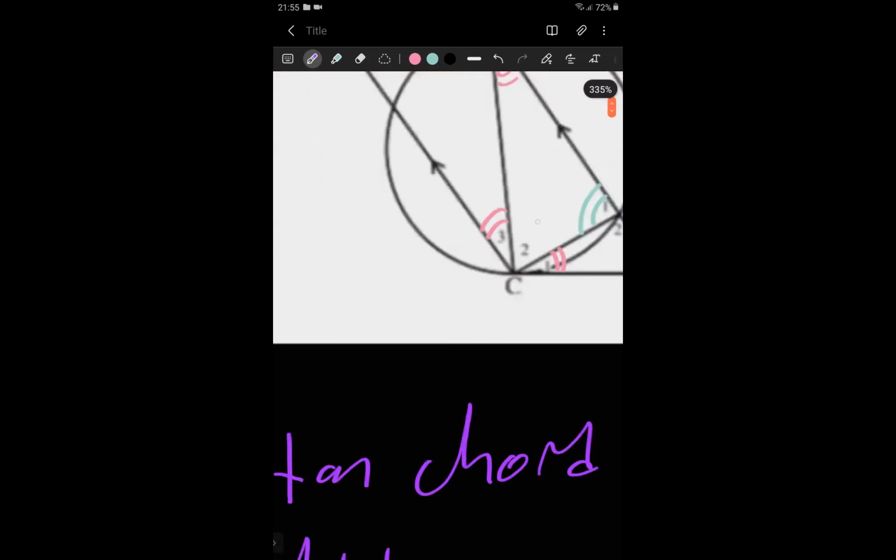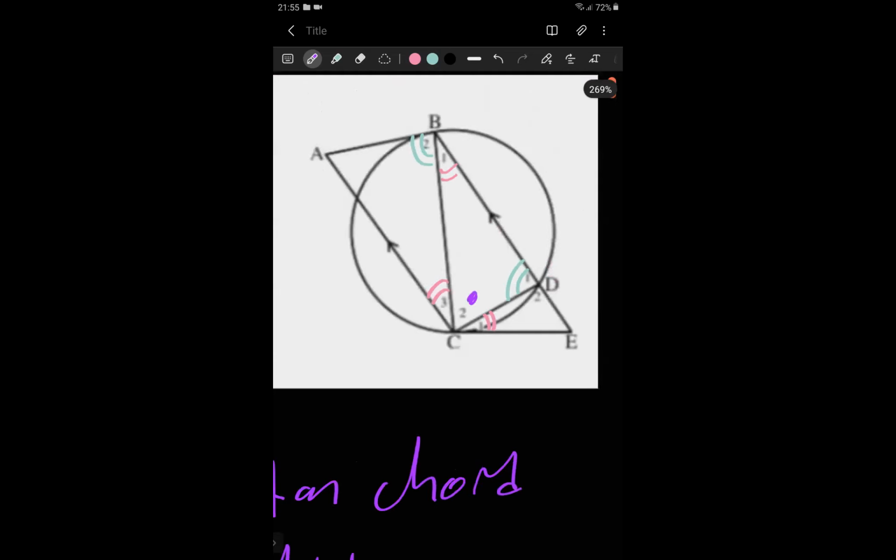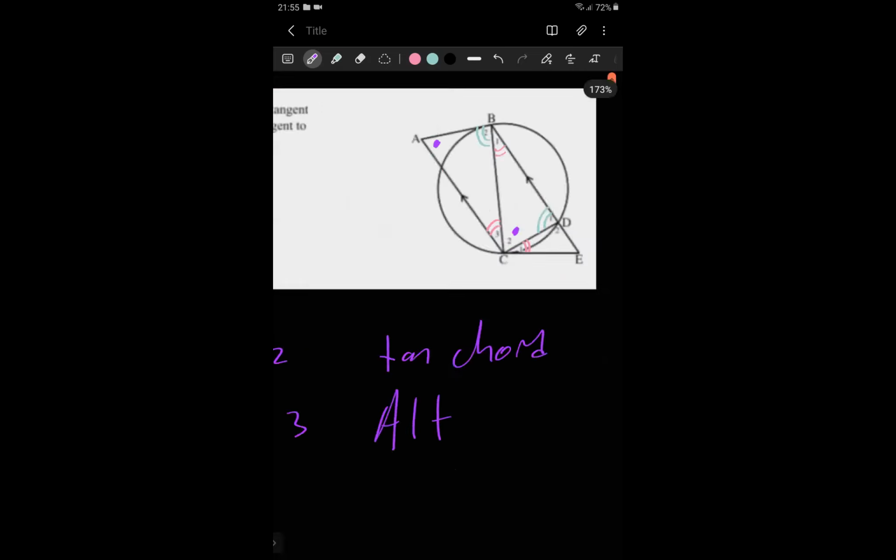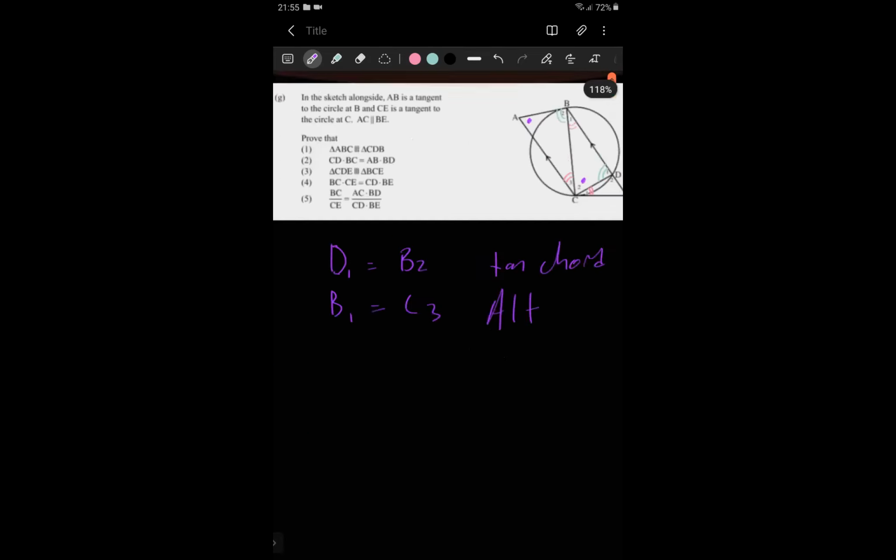Reason being interior angles of a triangle. So let's mention that. I'm going to say here C2 is equal to A. The reason is interior angles of a triangle. And then question number 2 says the following.